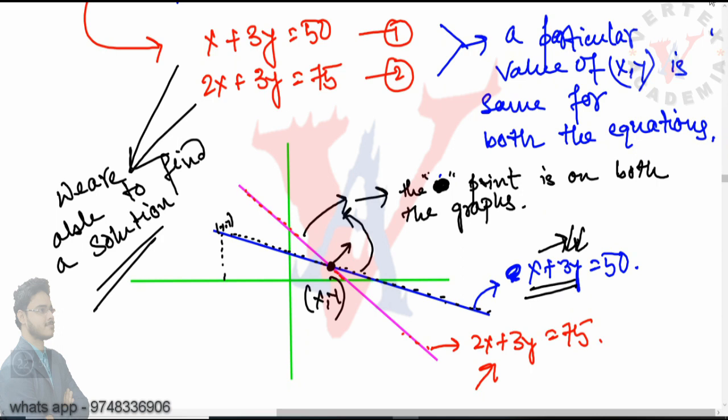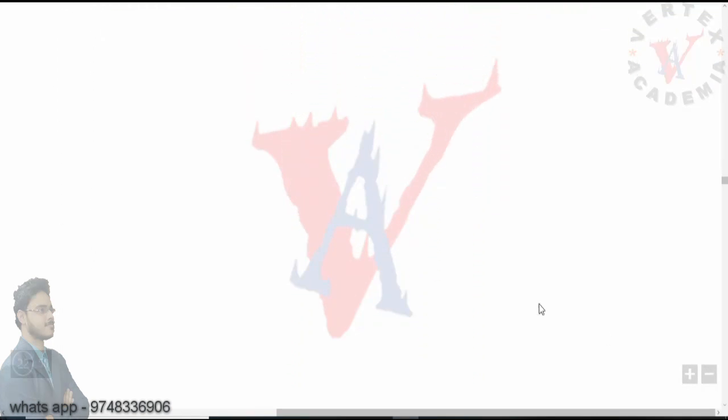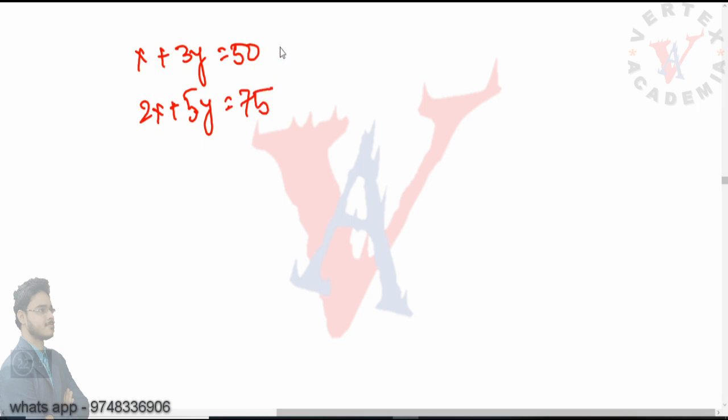So now if we come to the initial problem, the shopkeeper gave us two conditions, that x plus 3y equals 50 and 2x plus 5y equals 75. So we have found a point x comma y which is a solution of both the equations.